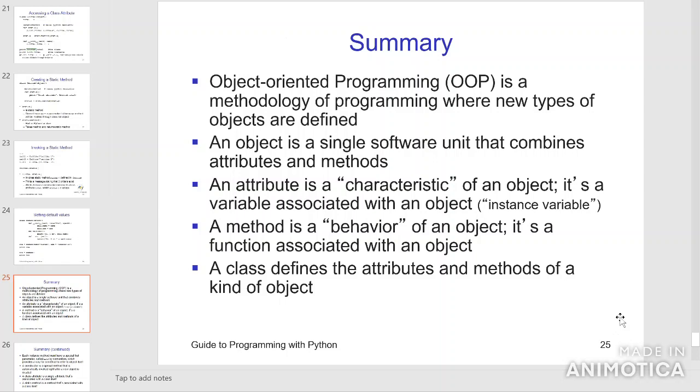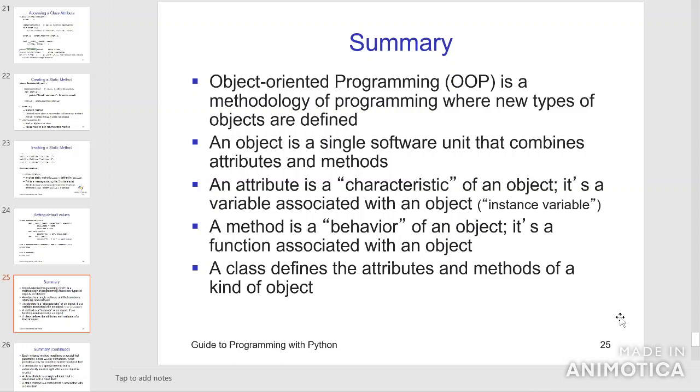All right, so in this part, we tried to see how we can use object-oriented programming concepts in Python, and we know that OOP is very similar to that in C++. An object is a single software unit that combines attributes and methods.